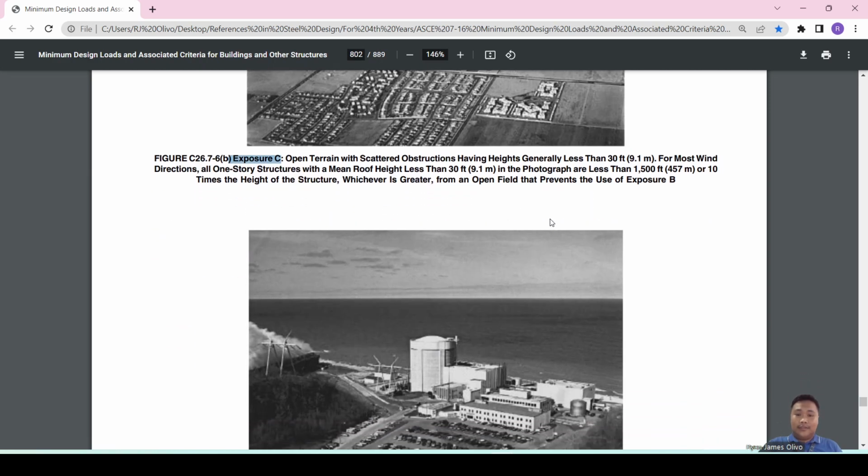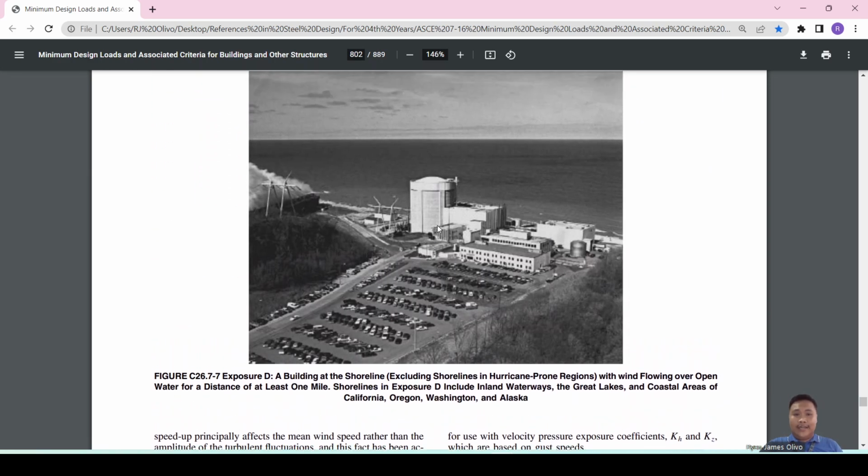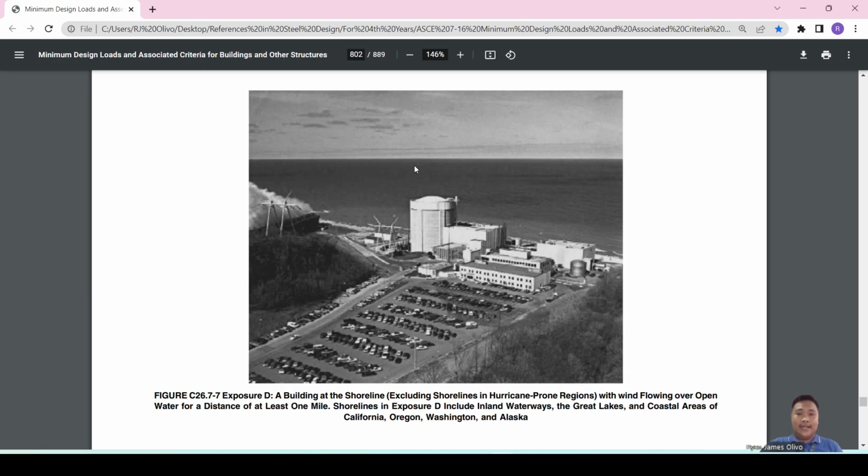For category D, as you can see here, there is a sea or a shoreline or coast, and your building or structure is near the coastline or shore. This is really open, so expect that winds are very strong here, and therefore you should design your structure for higher wind loads.